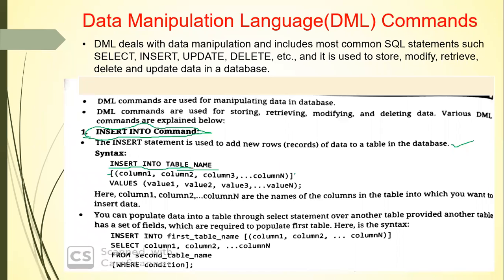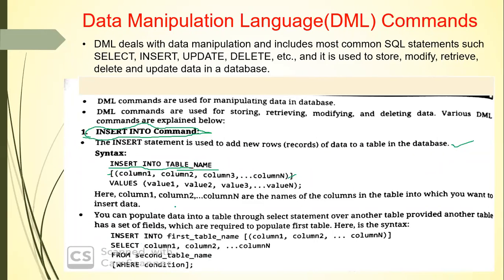The square brackets are used when we want to insert only a few of the column values into the given table. Accordingly, that number or type of columns can be represented at this point, after the name of the table. And if you want to insert values for all the columns in the given table, then there is no need to mention the columns. By default, all the columns are considered when we specify the name of the table.